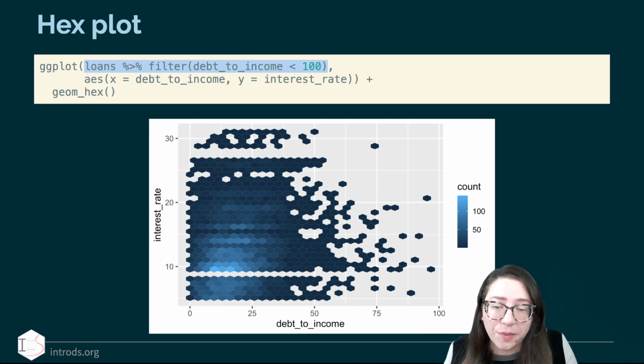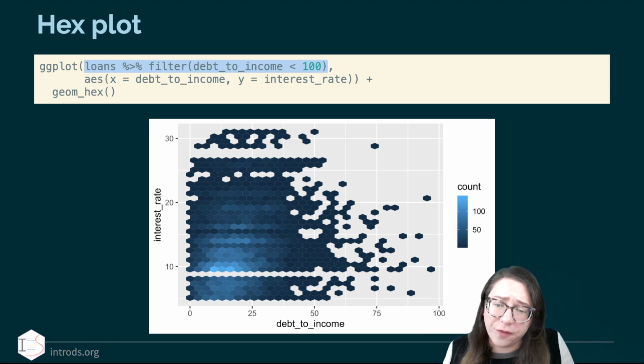Now what we can see is that around 12%, I guess this is about 12% debt to income ratio, or somewhere between 12.5 to 25, we're seeing a lot more loans being made at that level compared to other areas, whereas as the debt to income ratio increases, the hexagons are getting darker and darker, which basically tells me that fewer and fewer loans are being made there.